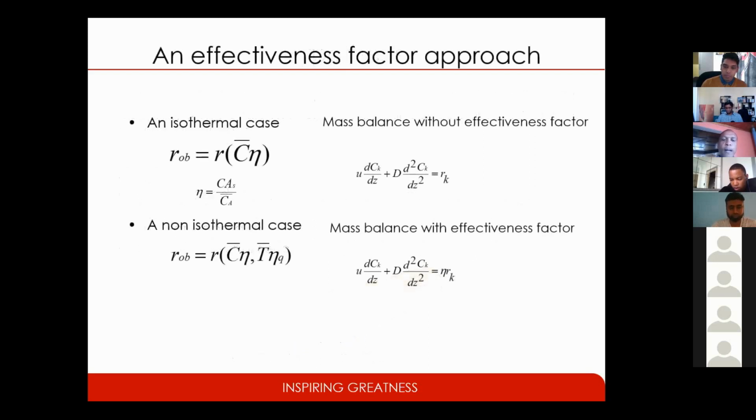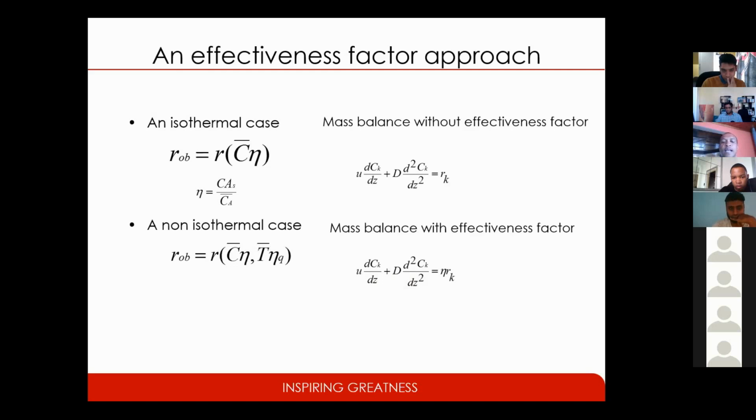Now on the effectiveness factor approach that I have spoken about that we employed, we have two cases here where you can apply this effectiveness factor approach: in an isothermal case and in a non-isothermal case. And the first equation just shows the isothermal case and how the effectiveness factor is used in terms of including it in the mass balance.